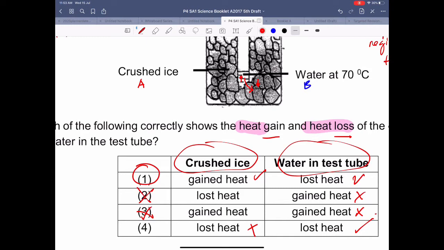Now I want to stress that there is no such thing as gaining coldness. For the 101st time, stop it. I do not want to see this in exam. I have repeatedly told you that there is no such thing as gaining coldness. A lot of people always say that the item cooled down in the fridge because coldness went into the can of Coke.